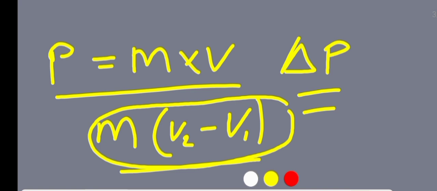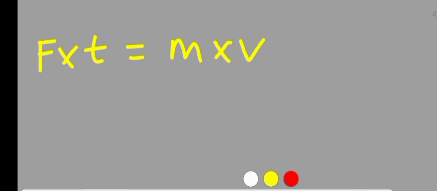So let's go. Impulse, we said, is the integral of force over a given time, and momentum is the product of mass and velocity. But we're talking about changing momentum.